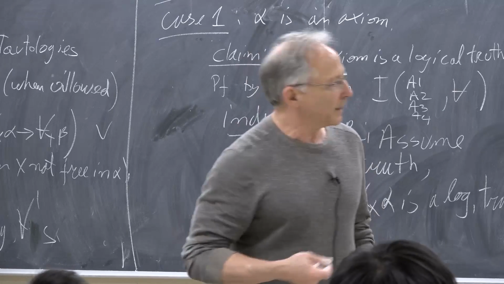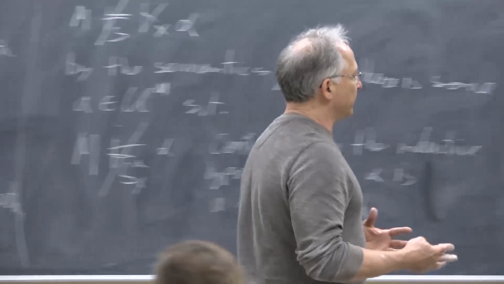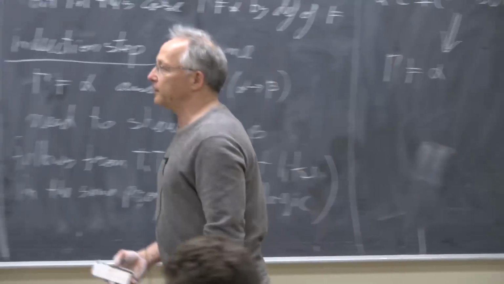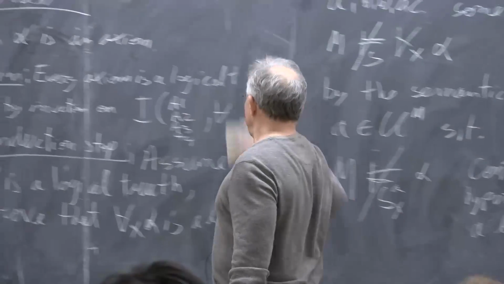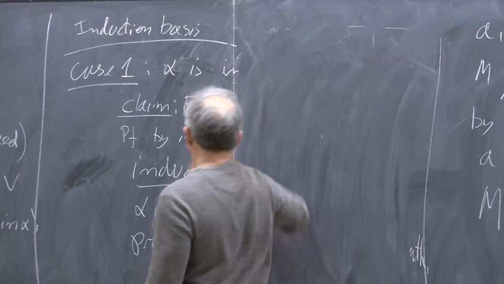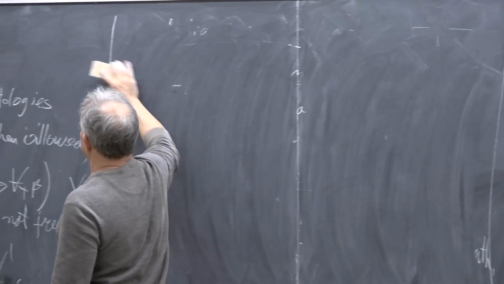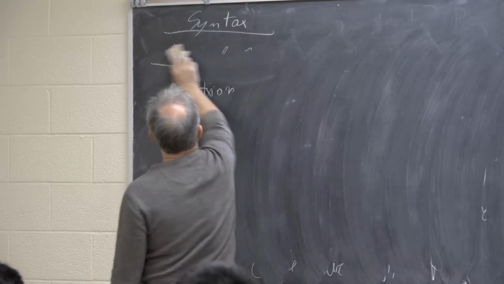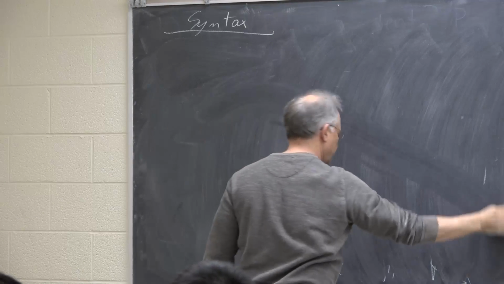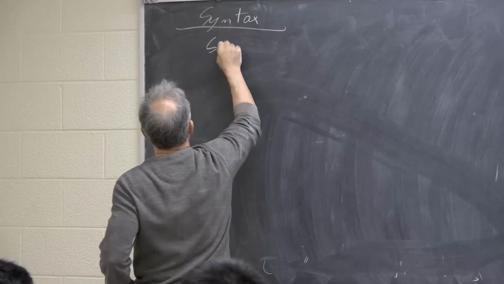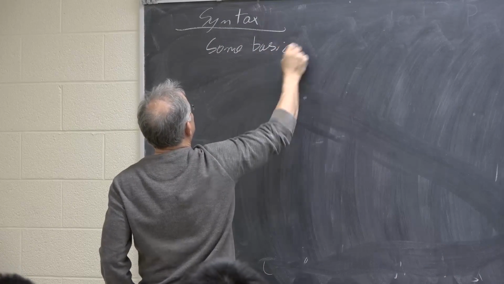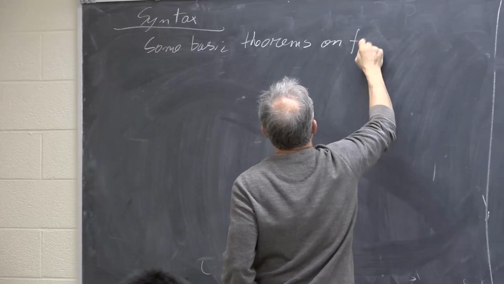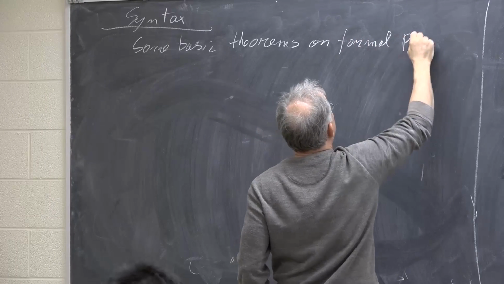Now I want some theorems about proving from assumptions, and I don't think I'm going to have time to prove them, but let me just mention them. They're all natural and simple to prove. So some basic theorems on formal proofs.